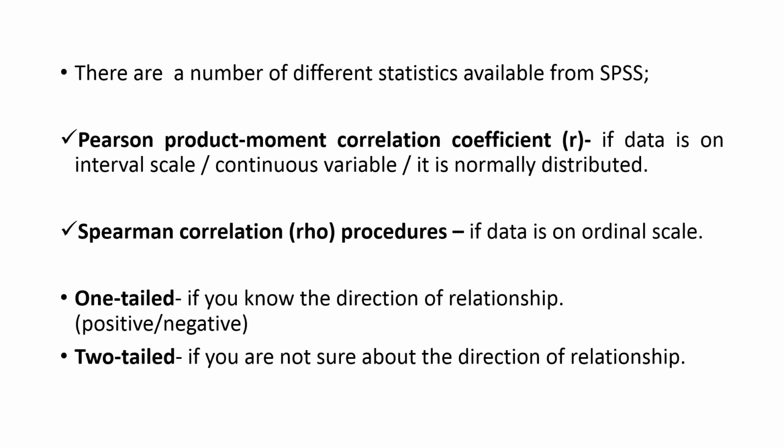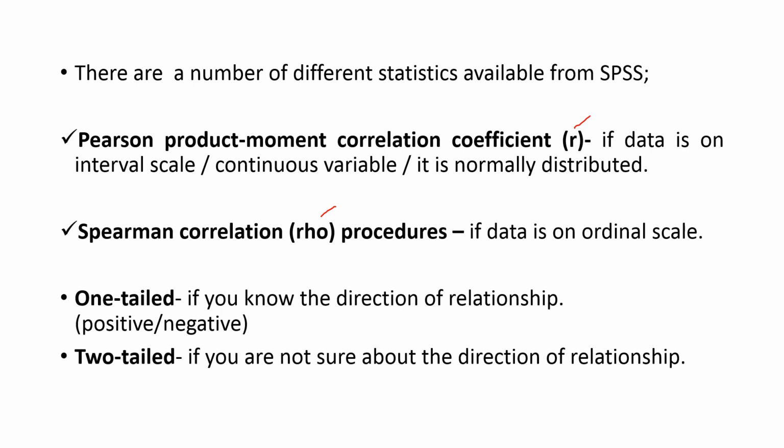There are a number of different statistics available in SPSS for correlation analysis. We can go with the Pearson product moment correlation coefficient, or r, and the next is Spearman correlation, that is the rho procedure. These are the two correlations which we commonly use.